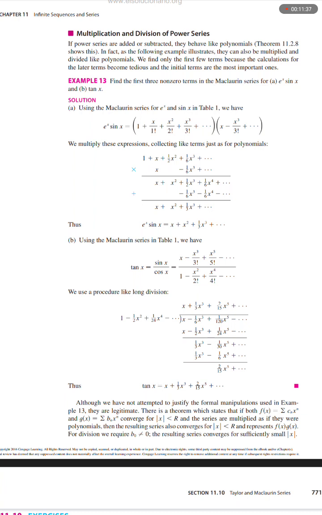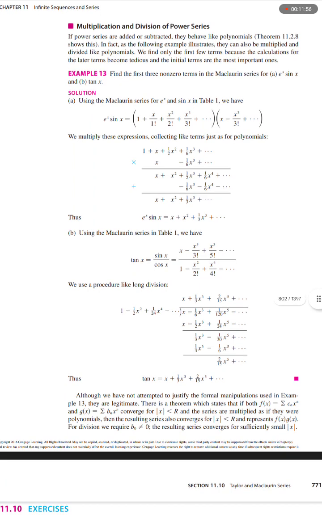I guess we multiply it by x. Okay, and then the next line is x minus 1 half x cubed plus 1 over 24 x to the 5th power minus ellipsis.